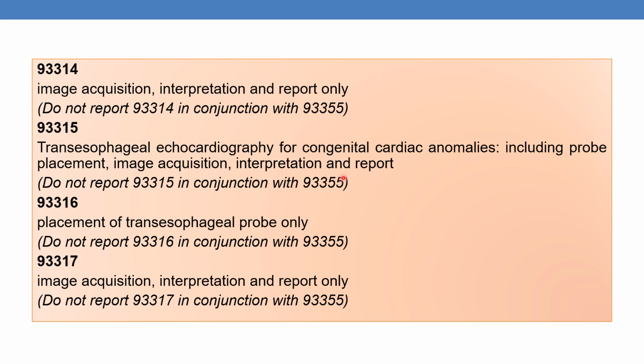This includes all of them. And for placement of probe only, for transesophageal echocardiography for congenital cardiac anomalies, you need to report 93316. And for image acquisition, interpretation and report only, you need to report 93317.